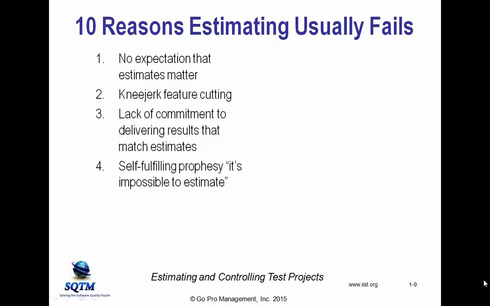Now, these are all attitudinal issues, and some organizations know for a fact that it's impossible to estimate, and other people and organizations with identical factual situations believe that it is possible to make reasonable and accurate estimates. Ironically, the folks who believe do make estimates that they can deliver on much more reliably. The people who believe that it's impossible to estimate continually prove themselves correct.